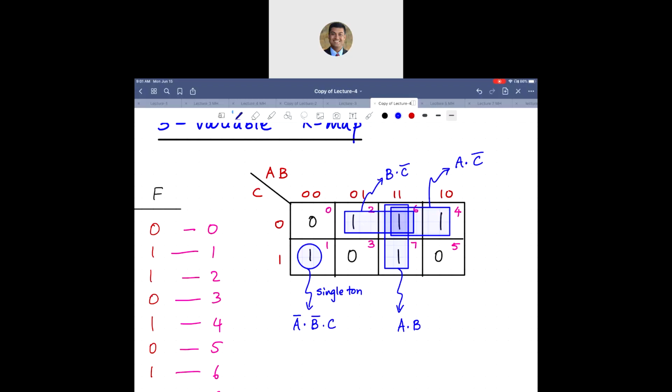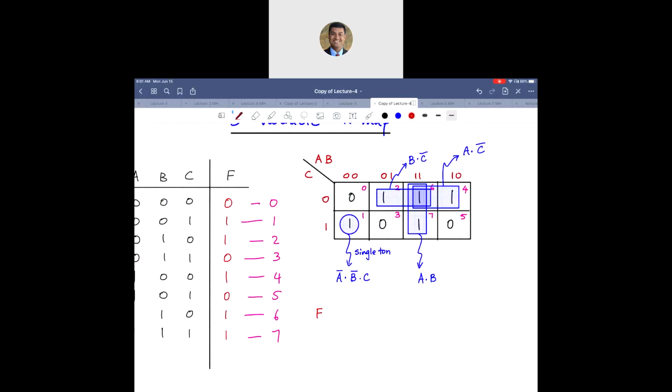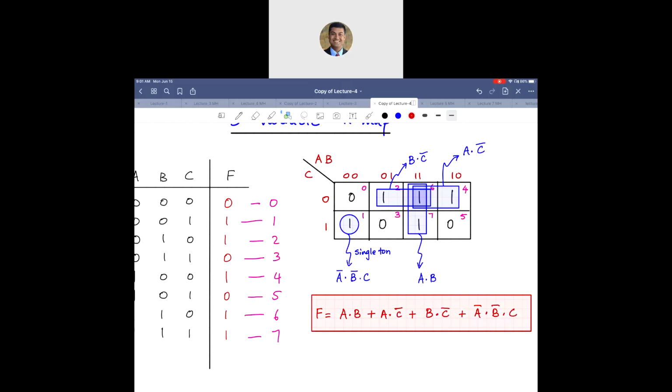So if you combine all of this, what do you have? You have F equals A and B, A and C complement, B and C complement, A complement and B complement and C. That is your simplest answer, simplest sum of product solution.